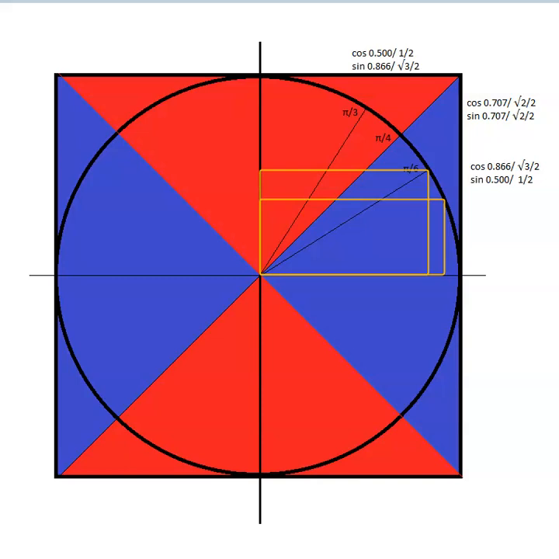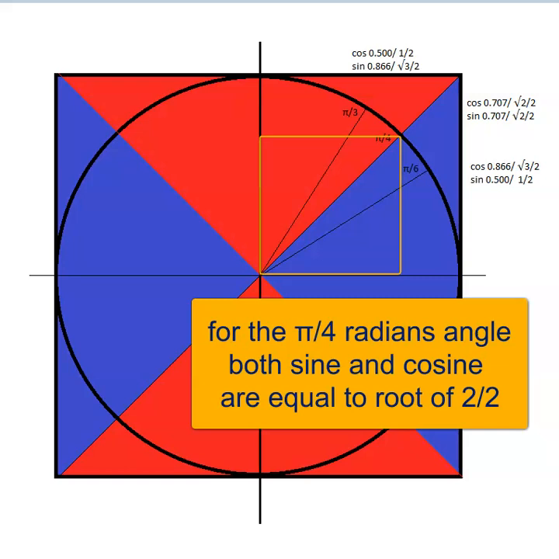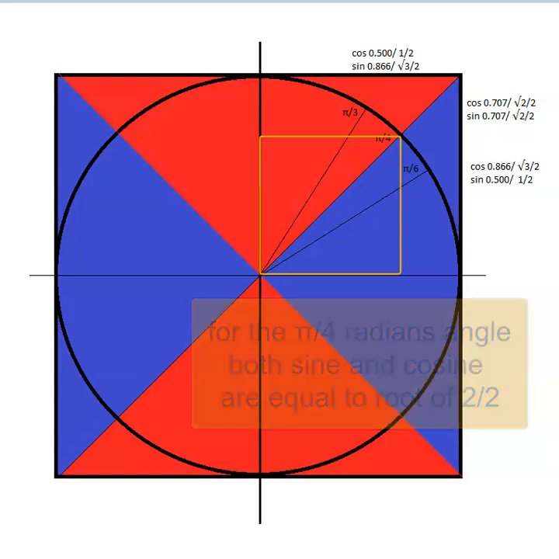So when our angle is 45 degrees or pi over 4 radians, quite clear to see that both our sine and cosine are exactly the same, around 0.7 or square root of 2 over 2.